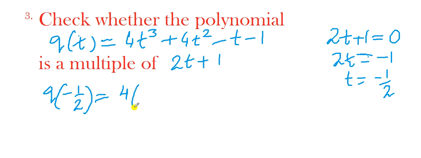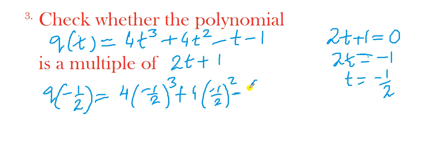So we need to just substitute it carefully. Q plus 4 negative 1 over 2 square minus, it's negative 1 over 2. You have to be very careful at these points, and then find the values. You're getting this value as 0.